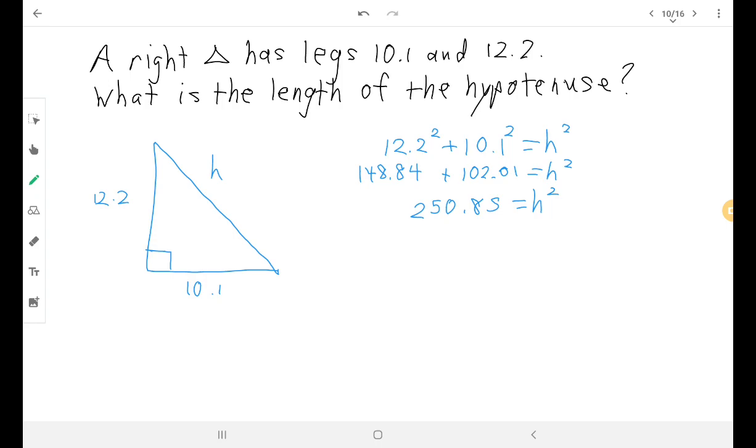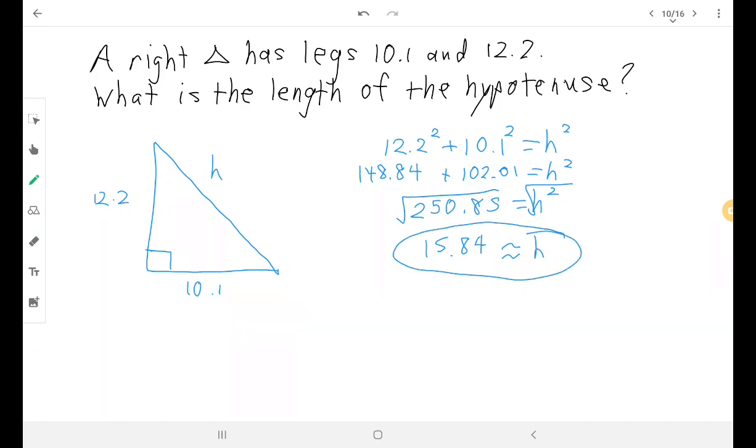And since we're talking about a length, we're only going to take the positive square root of both sides. And so I need the positive square root of 250.85, which is approximately, so h is approximately 15.84 units long.